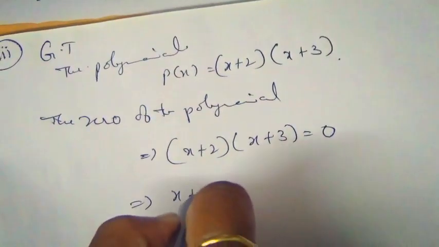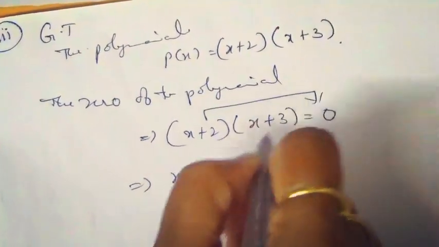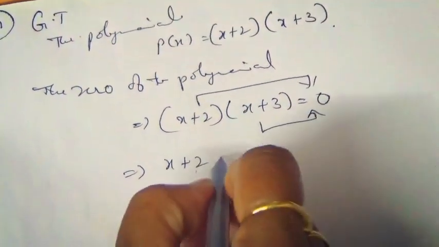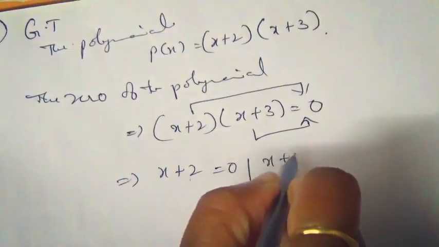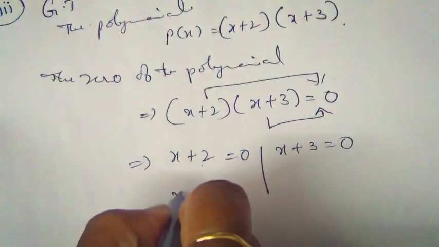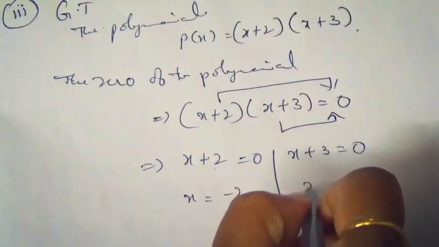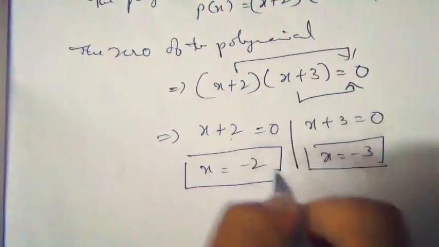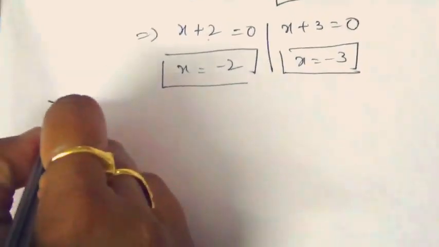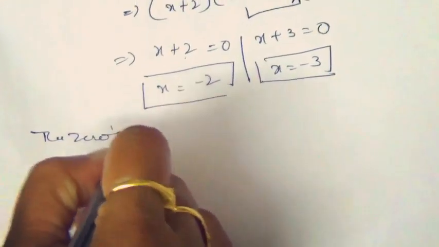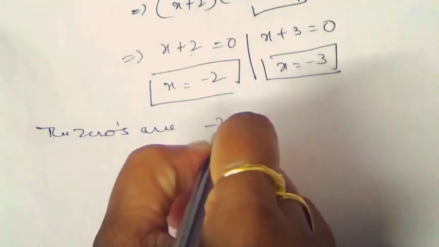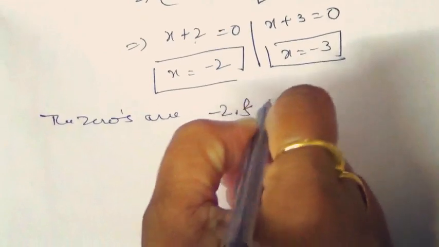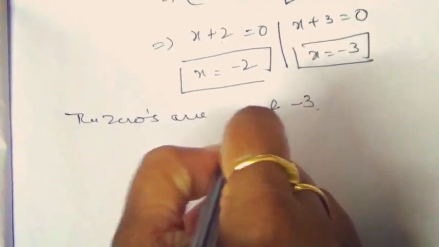That implies x plus 2, you just equate directly, he gave like this. Okay, x plus 2 is equal to 0, x plus 3 is equal to 0. It is very easy, no? So x is equal to minus 2, x is equal to minus 3. Just like the above sum, you got minus 3 and minus 2. Okay, so the zeros are minus 2 and minus 3.